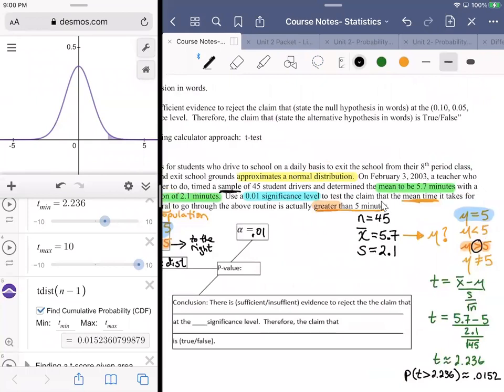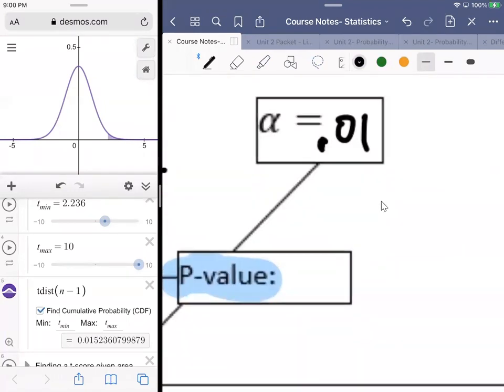All right, so that number is our p-value. All this stuff was for the purpose of getting this one number, which now I have to write super tiny to fit in there.